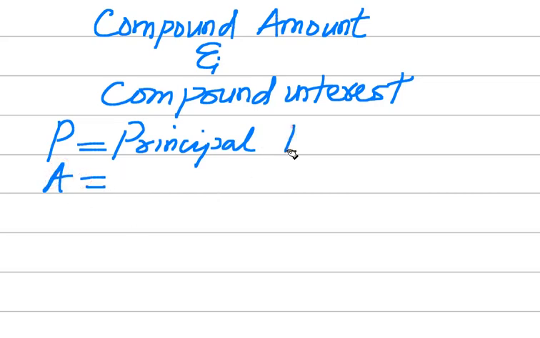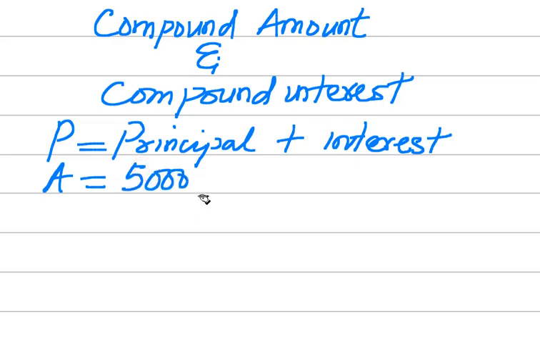So by the time you add interest over that principal, you get the amount. So if you invested 5,000, for instance, and after some years you have an interest of 300, it means your total worth of investment now should be 5,300.